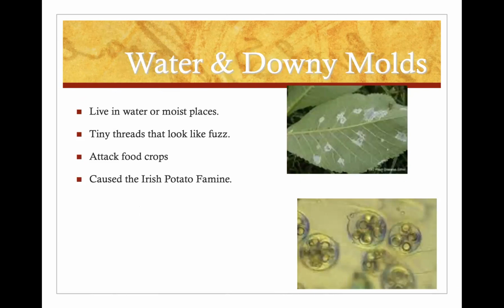They're tiny threads that look like fuzz on top of the surface. They definitely attack food crops and they are responsible for the Irish potato famine. I certainly encourage you to go on and read a little bit more about this unfortunate event, the Irish potato famine that was caused by these organisms.